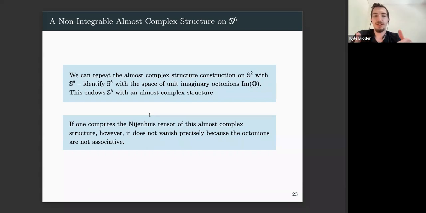But we can do the same thing with S6, realizing that as the space of unit imaginary octonions. And this will give us, in the exact same way, an almost complex structure on the sixth sphere. Now, if you compute the Nijenhuis tensor of the almost complex structure on S6 inherited from the octonions, it doesn't vanish precisely because the octonions fail to be associative. This Lie bracket doesn't vanish just because of the associativity not holding anymore.